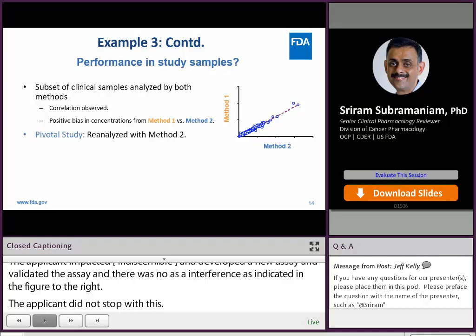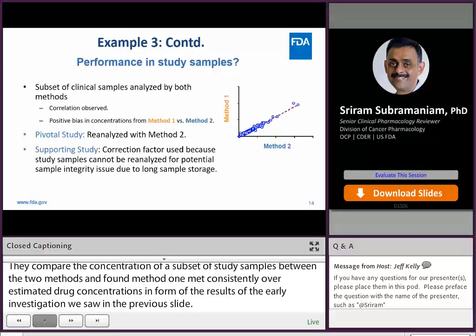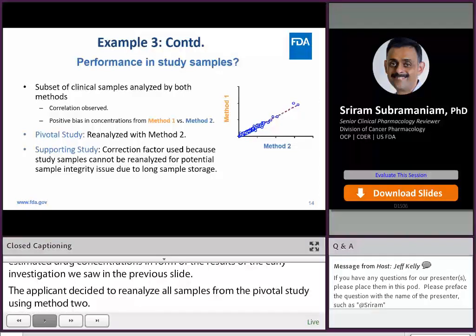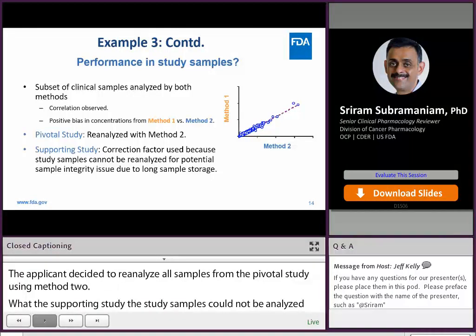So the applicant decided to reanalyze all samples from the pivotal study using method 2. However, for the supporting study, the study samples could not be analyzed due to sample integrity issues. But the applicant was able to demonstrate that the bias in method 1 was consistent and therefore was able to use a correction factor to correct for the overestimation observed with method 1.